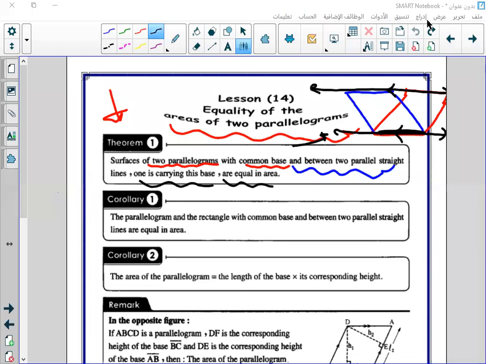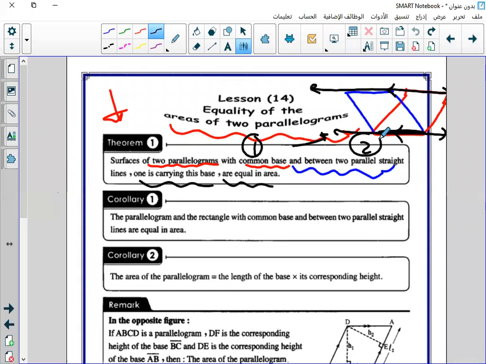Common base and between two parallel straight lines, one of which is carrying this base. That's right. The first condition is that they have a common base, and the second is that they lie between two parallel straight lines.